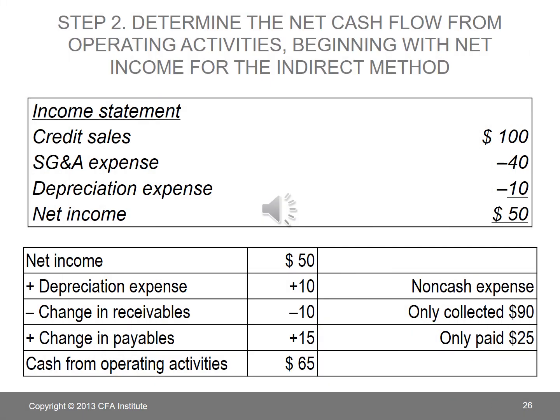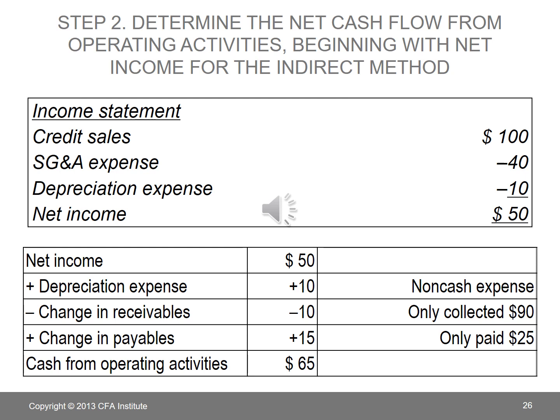The second step would be to determine the net cash flow from operating activities, beginning with net income for the indirect method. The net income is reduced by depreciation expense, but notice that this expense is completely non-cash, because when you depreciate your assets, you're not actually paying out cash, right? Thus, to convert from accrual income to cash-based income, we have to undo the effects of all non-cash items, such as depreciation, and adjust for changes in receivables and payables from the beginning and ending balance sheets.